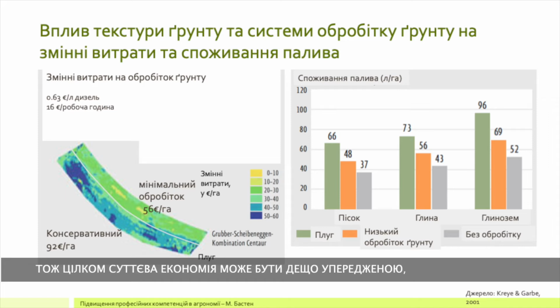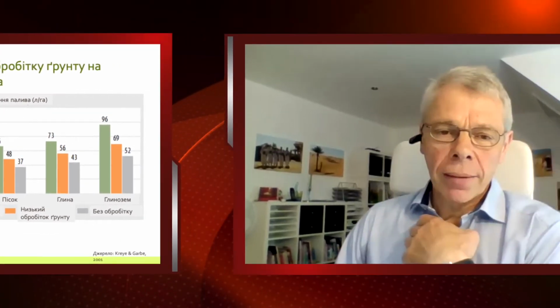So quite a substantial saving. It might be a bit biased because the texture was maybe not exactly the same on both parts of the field, but it shows that a significant saving in fuel consumption, and also in time to work the soil, can be made with low tillage.